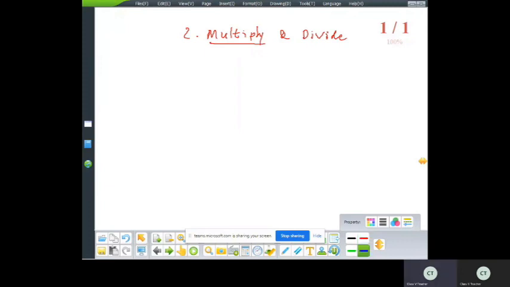This first one: a basket of 6 mangoes can be divided into three smaller baskets.